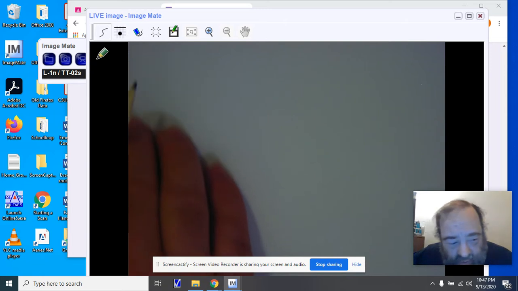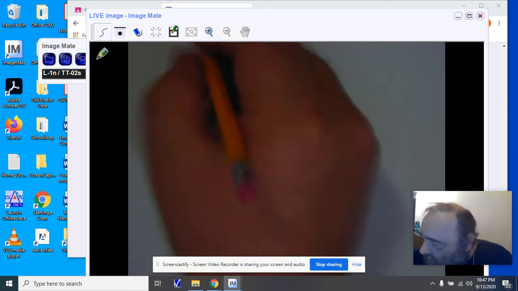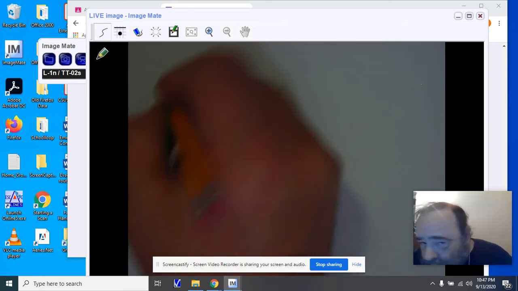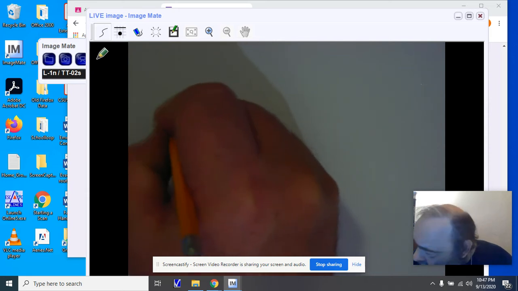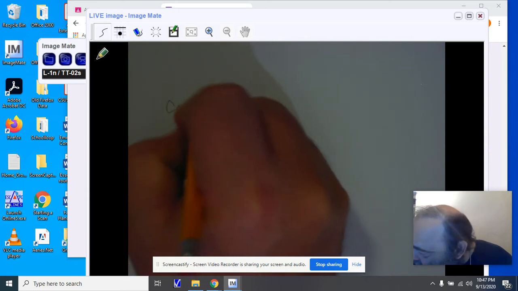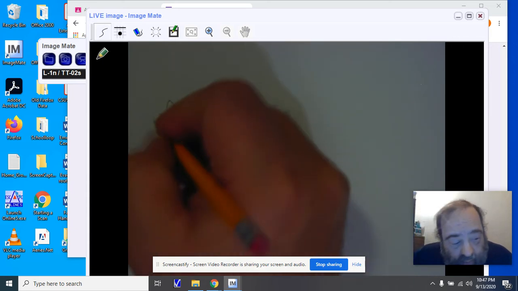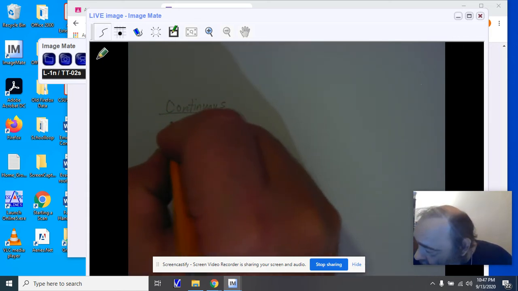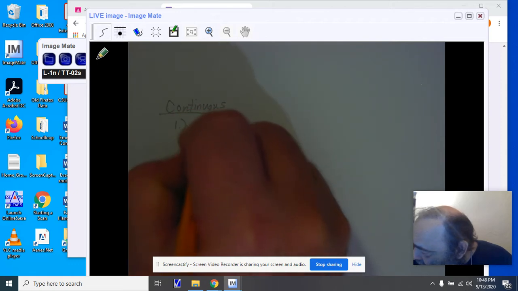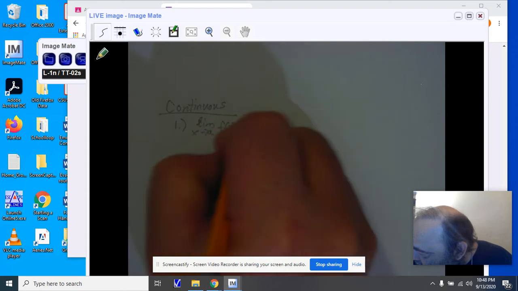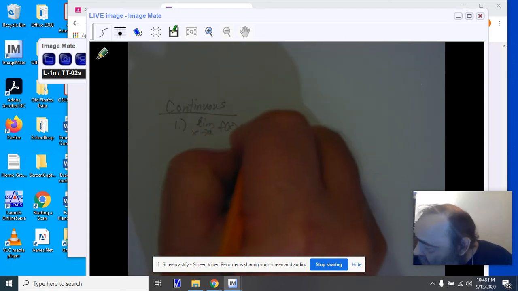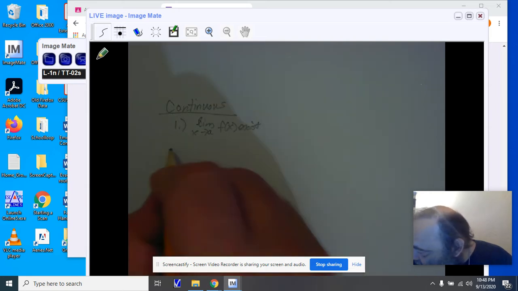So let's just remind ourselves. We're talking about differentiable functions, and differentiable functions have two criteria. The first is continuous, or having continuity, and those three criteria come from the definition. They state that the limit as x approaches a for the function f of x exists, for all values of a in the domain.